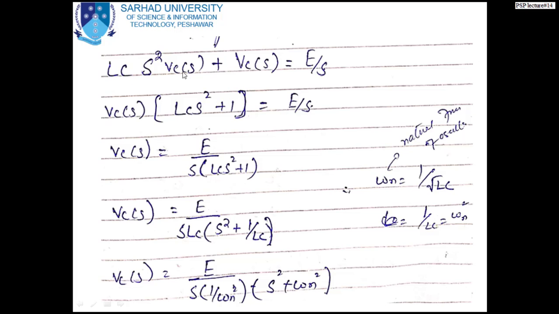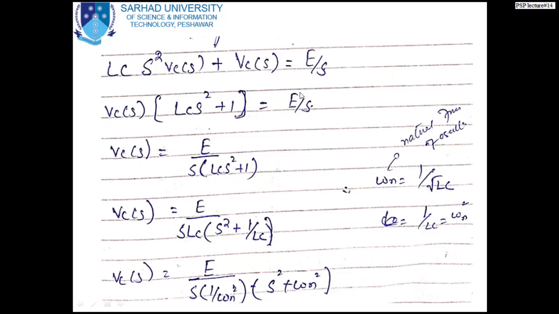Now you see LC s squared VC(s), where s represents the Laplace transform, plus VC(s), that is the Laplace transform of the voltage across the capacitance, equal to the right hand side, which is E by s, the transform of a constant voltage. So we can take VC(s) as common, and in the bracket we are left with LC s squared plus 1.